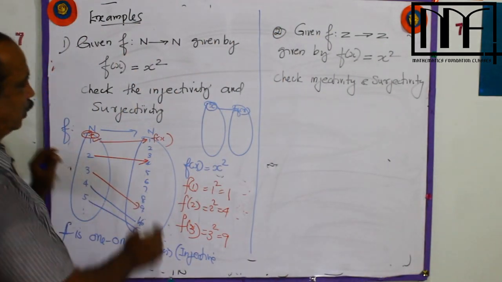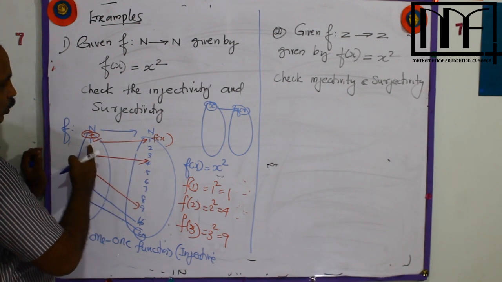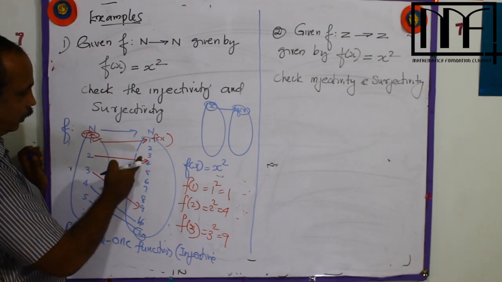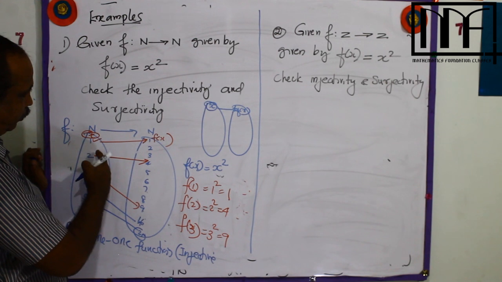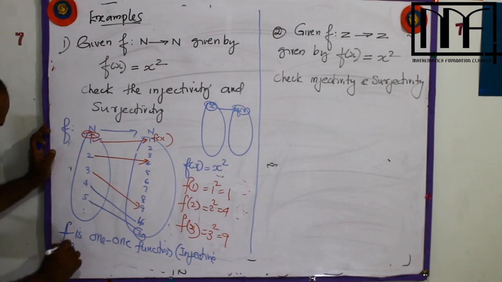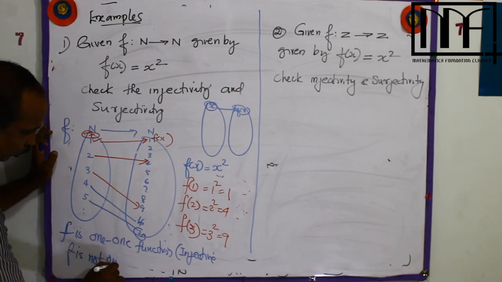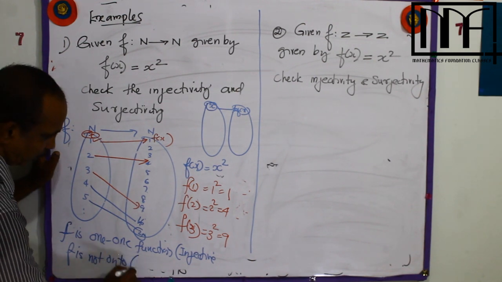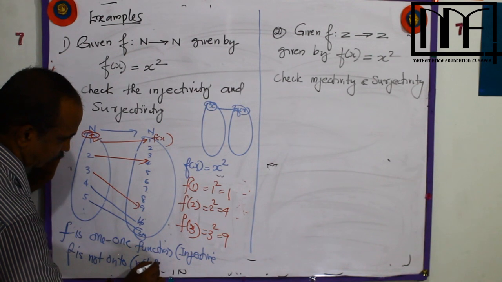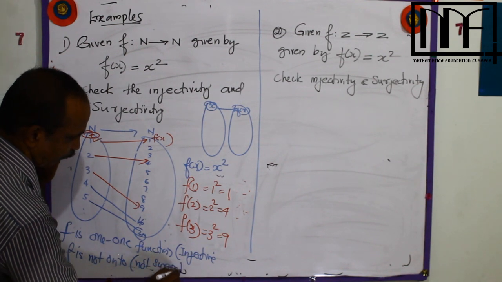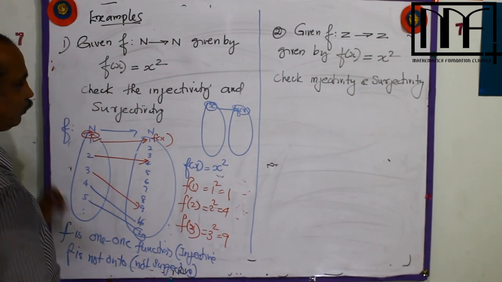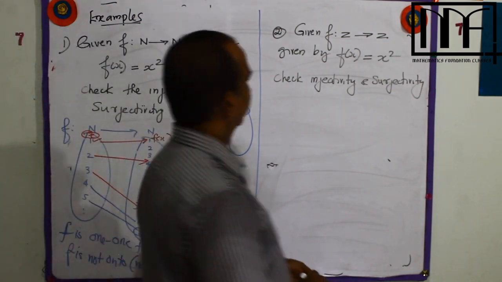For example, here 2 is not used. 2 does not have a partner, and 3 is not the image of anything here. Therefore, f is not onto, so it is not surjective.